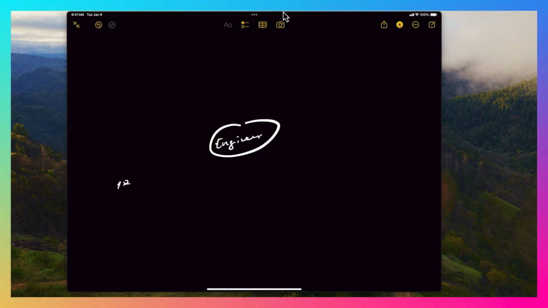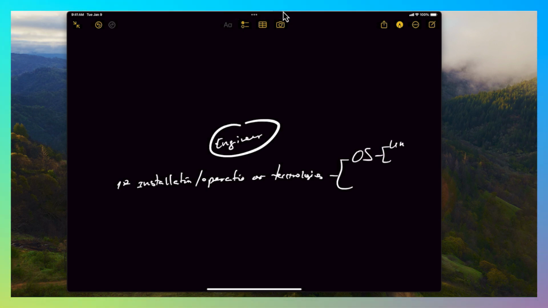The first is the installation and operation of technologies. For example, we may talk about the operating systems, Windows and Linux.